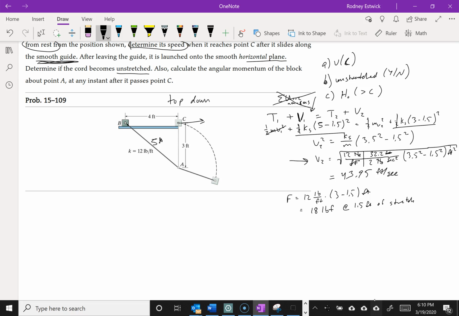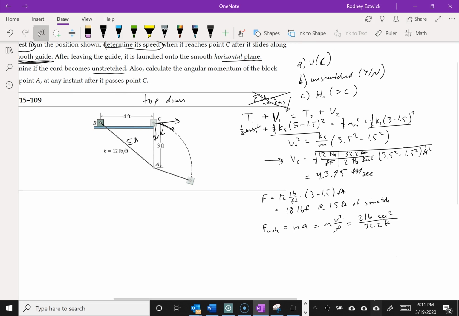And then let's find out what kind of force it takes to overcome. Basically, to overcome it, you'd have to pull in with enough force that it's faster than just to go round, right? Because there's some force that makes it be a circle. So let's calculate the force of just a circle, and that would be mass times acceleration, or mass times velocity squared over rho, which in this case is going to be 2 pound mass over 32.2 feet per second squared.